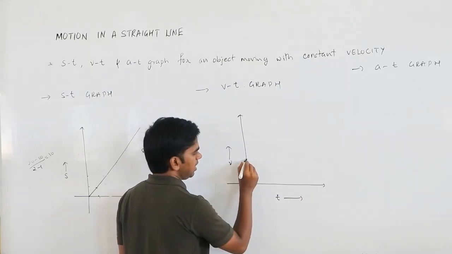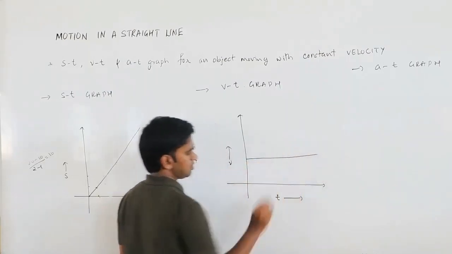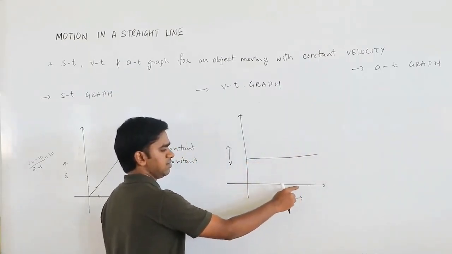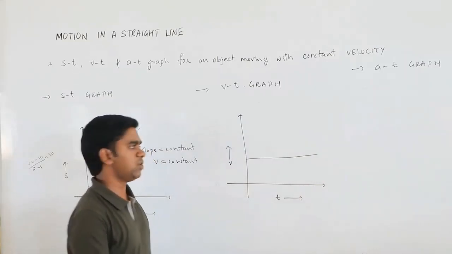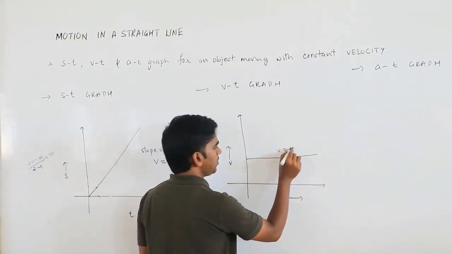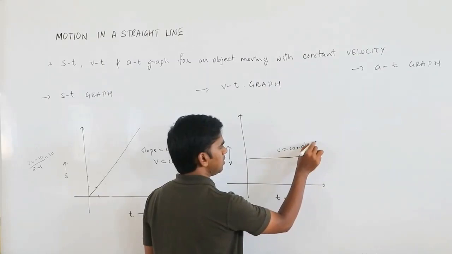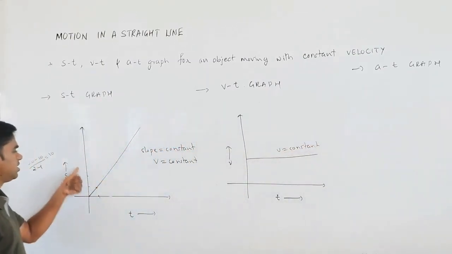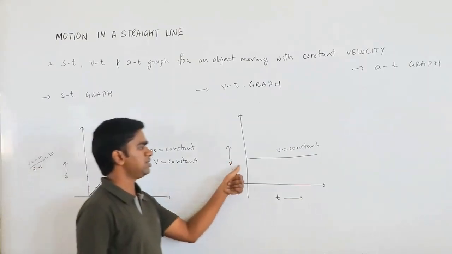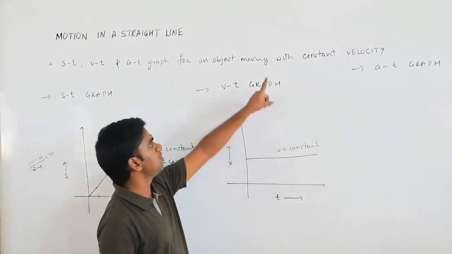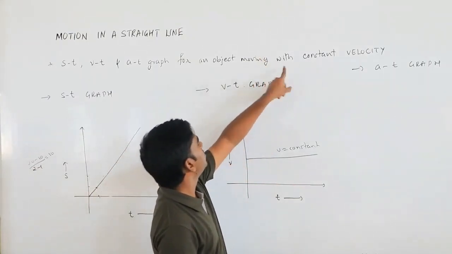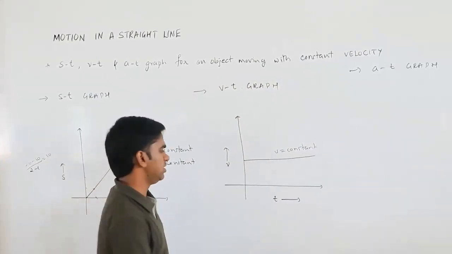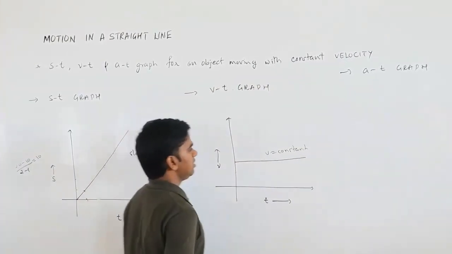If this is the 10, this is going to be constant for first second, second second, third second, fourth second. Velocity is not changing. So v is constant because here we have taken v only. Earlier we had taken position, that is why it was changing. Now velocity is not changing, that is why we are plotting graph for object moving with constant velocity. So this is what we will get, the constant.